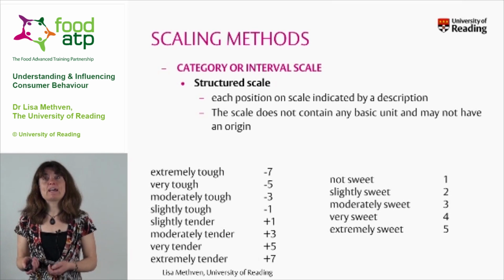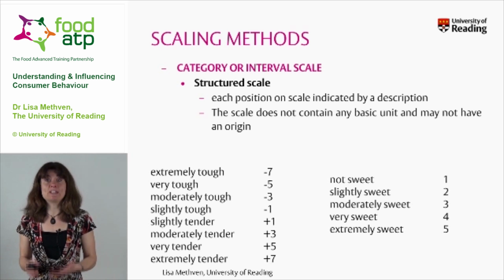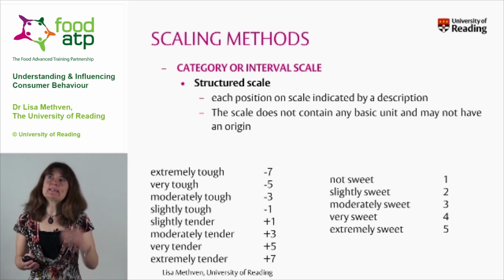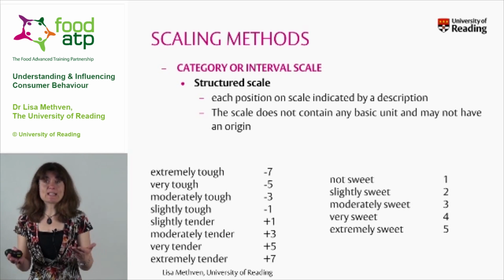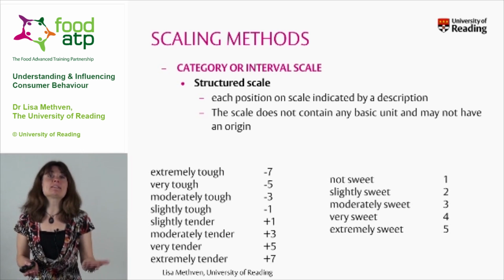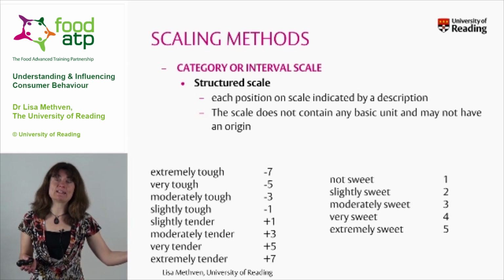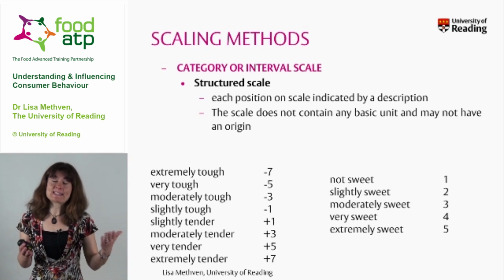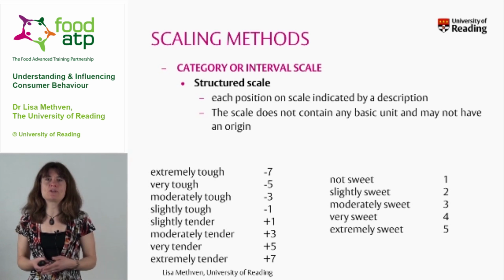You can, however, have scales that are tick boxes again, but more structured, and these are in themselves called category scales or interval scales. So again, each position on the scale is given a descriptor, and in the 2 examples I've given you, it might be, say, tenderness of meat. It might go from extremely tender to extremely tough at the other end. The consumer, or the assessor, just sees the words and ticks the most appropriate one, and you then convert that to a score.